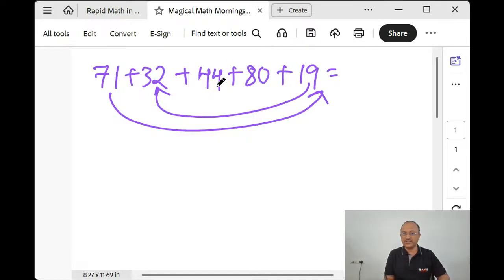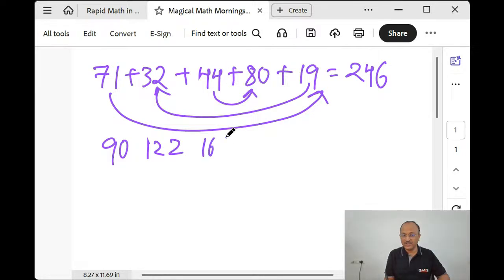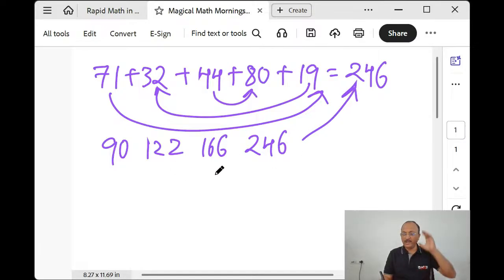So 166. Then comes 80. 160 plus 80, because we leave the unit digit and then we add, 246. Isn't it simple? So first we'll say 90, 122, 166, 246. These all things we'll be telling, speak in our mind.